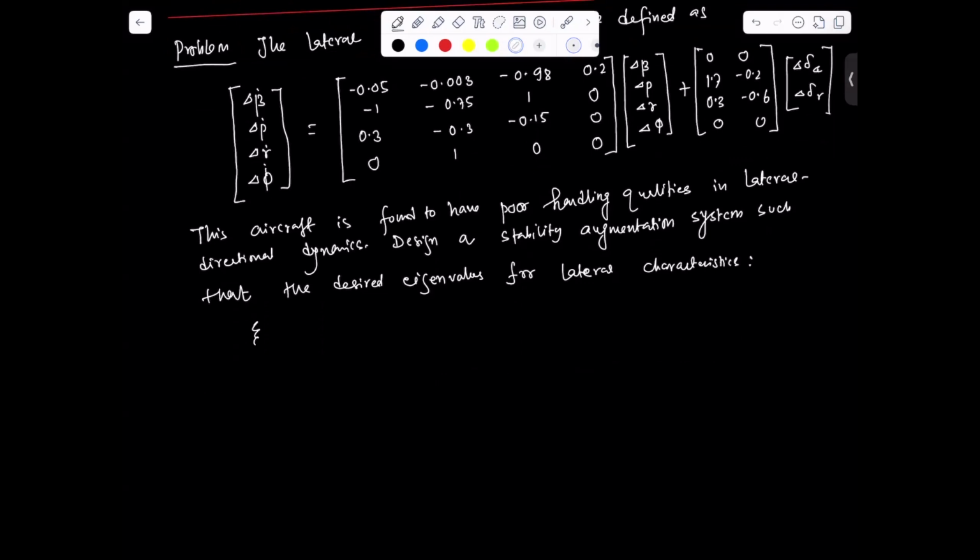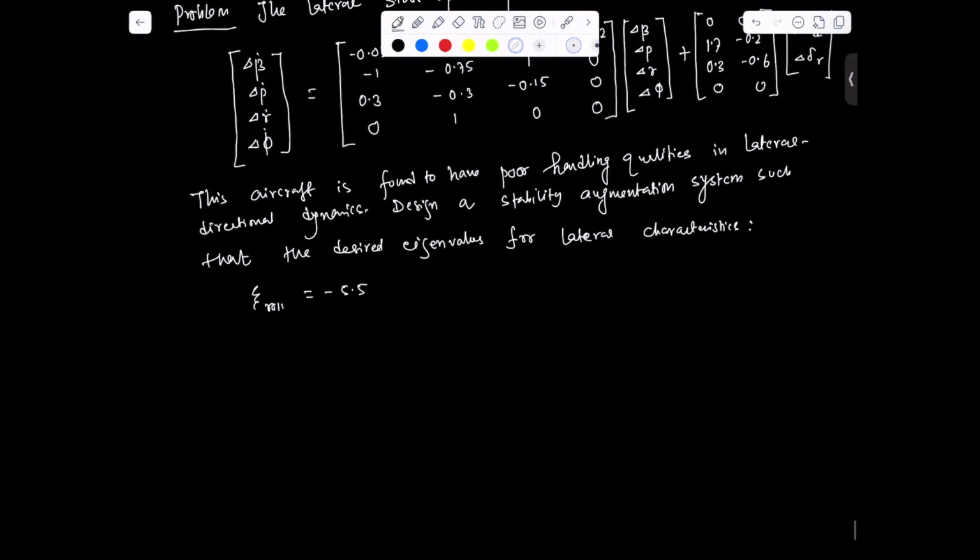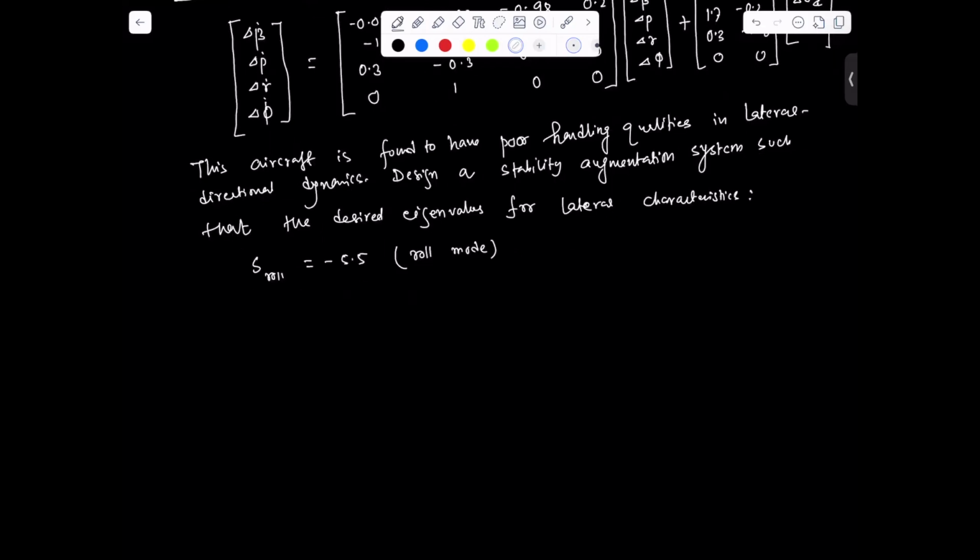Damping ratio for roll, minus 5.5. This is roll mode. Okay, this is a mistake. So these are the eigenvalues. And as you know, in the lateral direction of motion, we have three different approximations: roll, spiral, and Dutch roll.